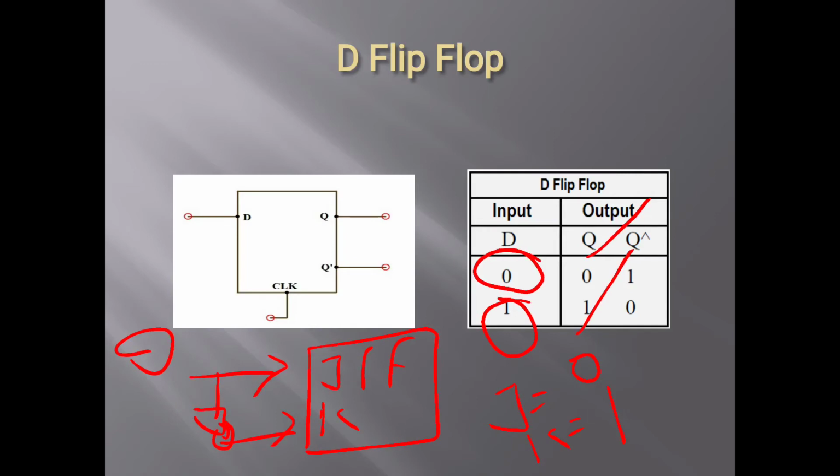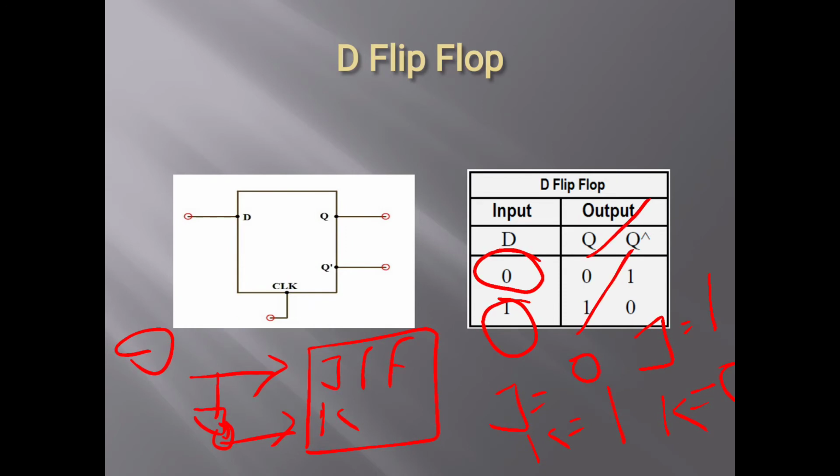We have already studied in the JK flip-flop, when J is 0 and K is 1, then the output will be 0. And now when the value of D is 1, then the value of J is 1 and the K value gets inverted to 0.